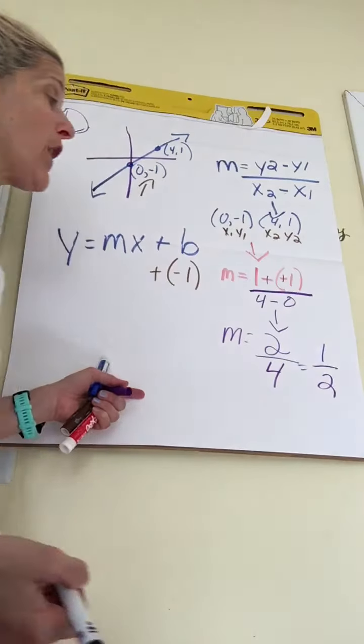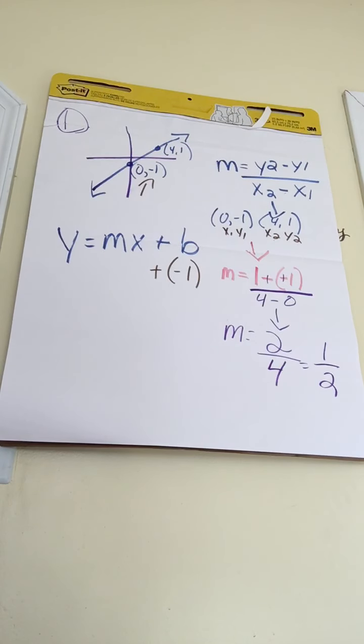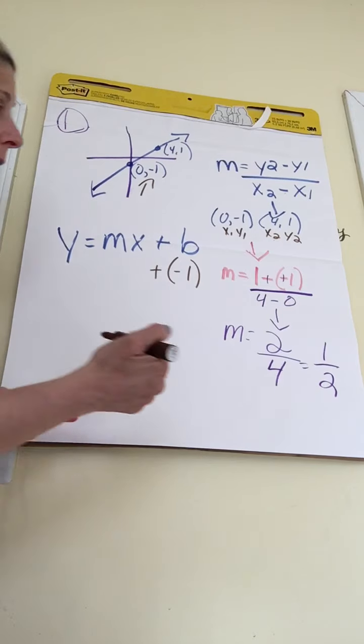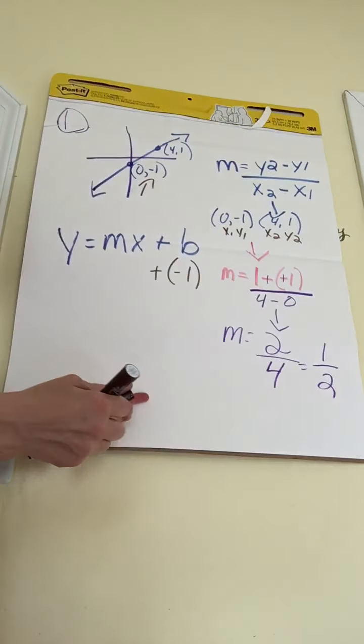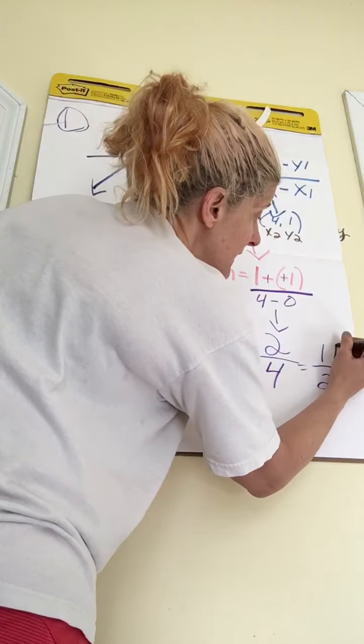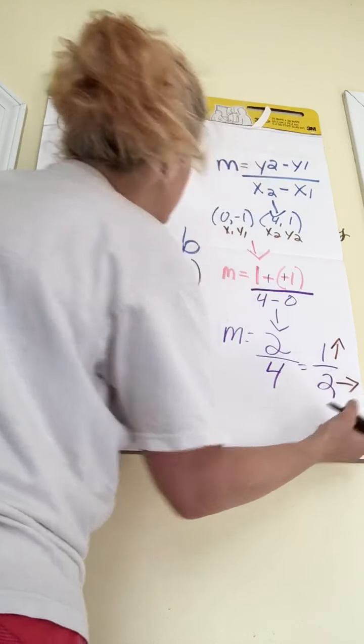So my slope is 1 over 2. Rise 1, run 2. So up 2, right, nope, scratch that. Up 1, right 2.